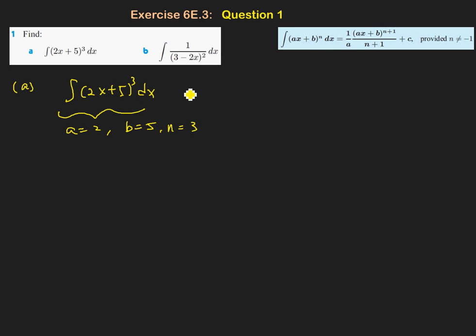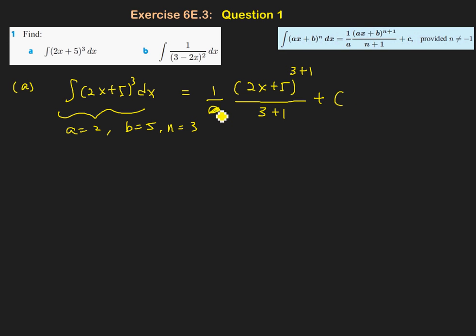So according to the formula, it's very simple: 2x plus 5 to the power of n plus 1, so in this case 3 plus 1, divided by 3 plus 1, and the A here is 2, so just multiply by 1 over A and plus C, and you're done.